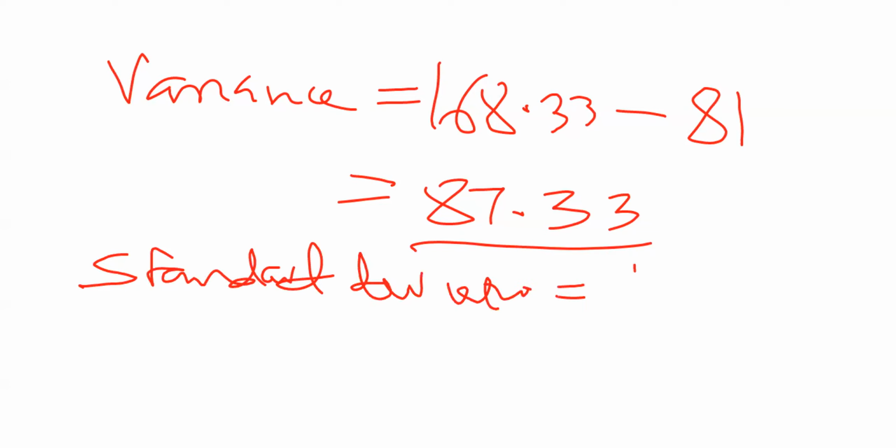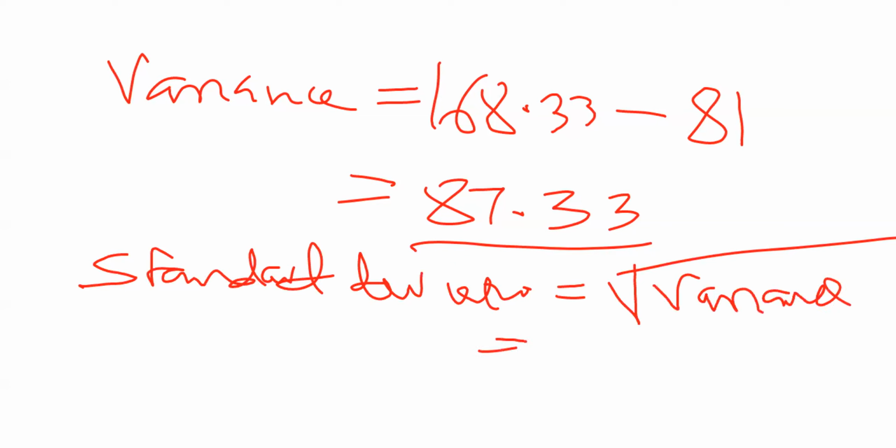And the standard deviation, which we know is the square root of variance, the square root of all that formula, is the square root of 87.33. And the result of the square root of that should be 9.35.